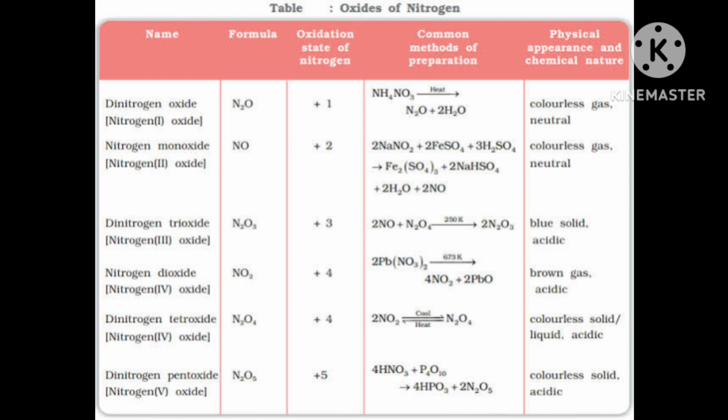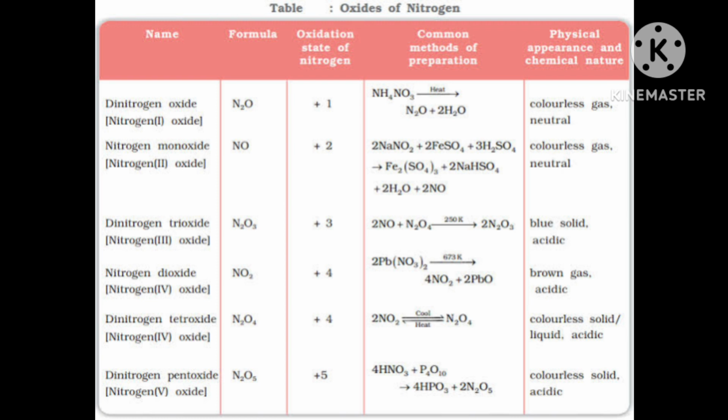And the first 2, N2O and NO, both are neutral, not basic. Because the question is asked as acidic, basic, neutral like this. So now understood, I think, that out of 6, first and second are neutral, and the last 4 are acidic.